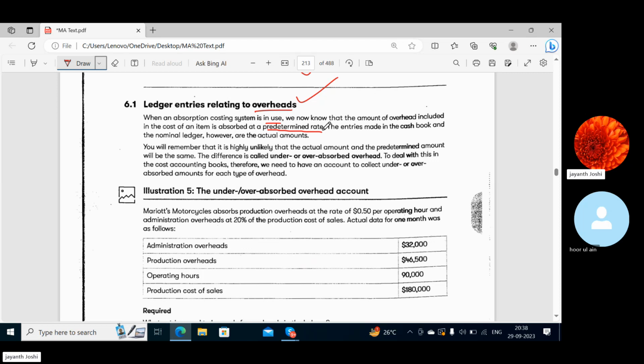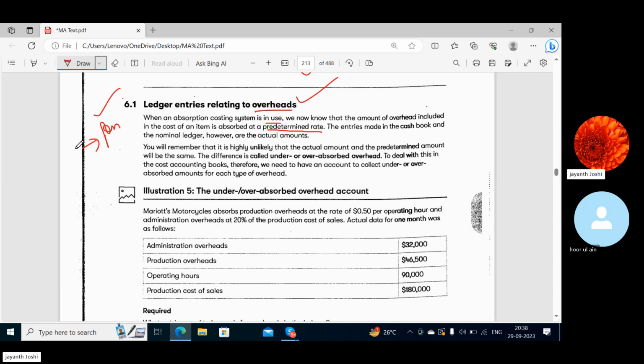In absorption costing, whenever we calculate the cost of an item, in the sense of one unit of something, suppose I take a pen as an item and want to find out the cost of a pen, I will take the direct material per pen, the direct labor per pen, and I will also take the predetermined overhead rate and include that in the cost.